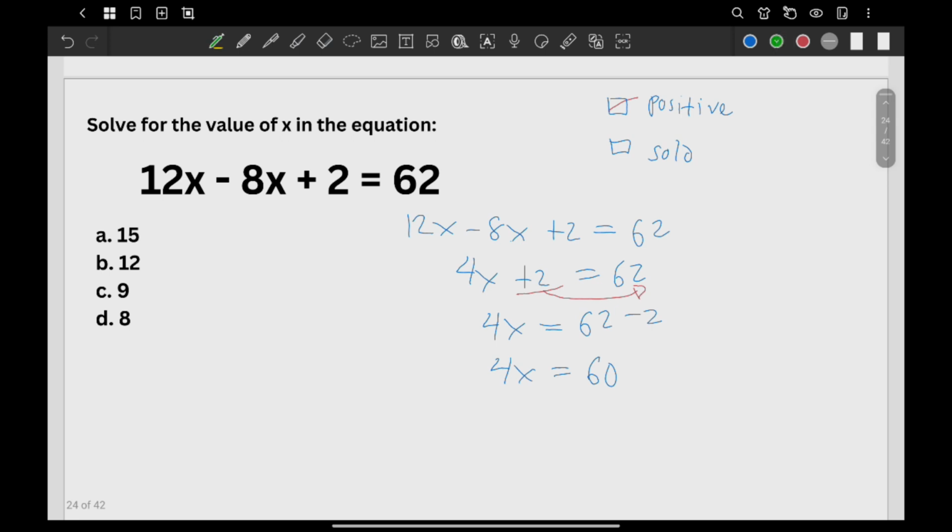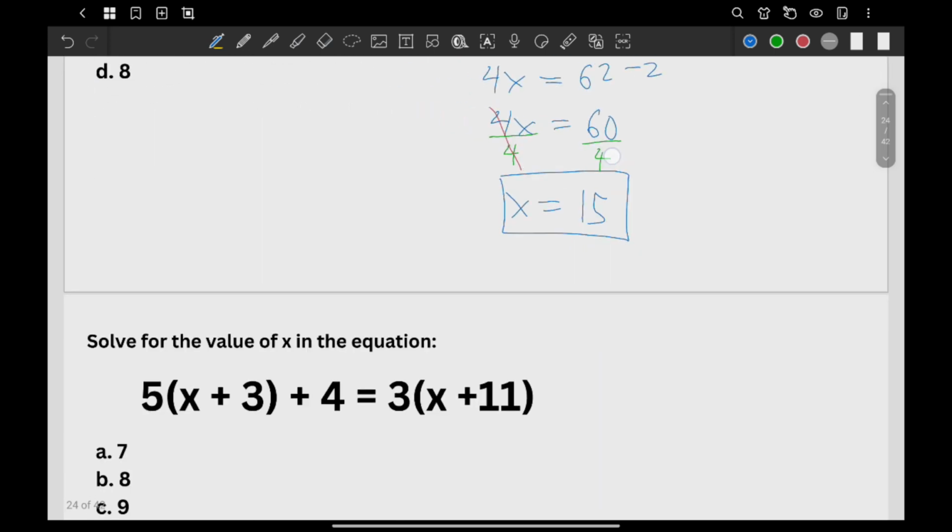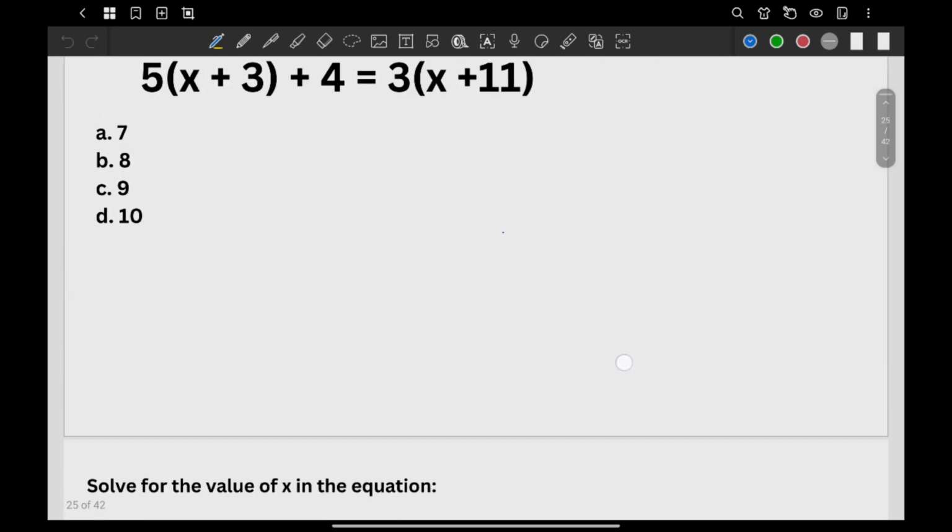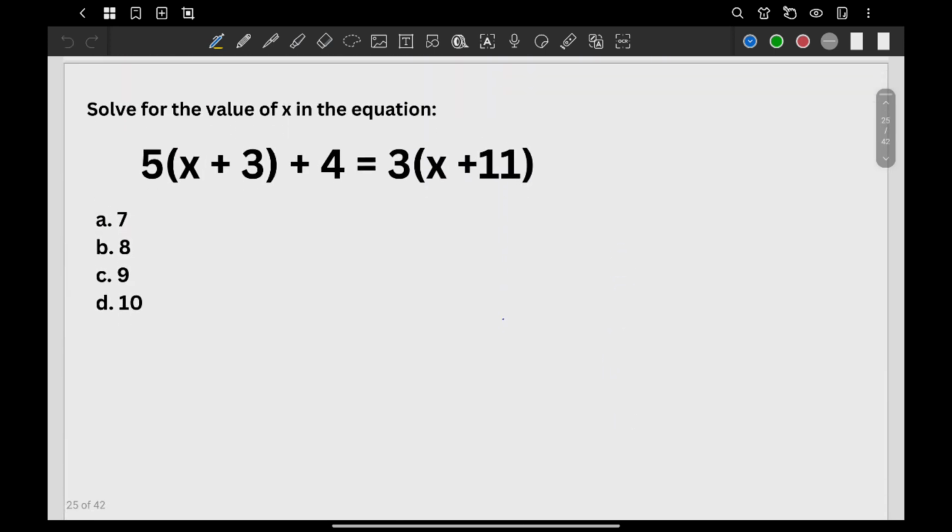Same thing again. We remove the 4 by how? By dividing it by 4. But again, it should be the same on both sides. Now, you can cancel out the 4. You have now x is equal to 60 divided by 4. It's going to be 15. So the answer here is letter A. Okay. So, let's continue.